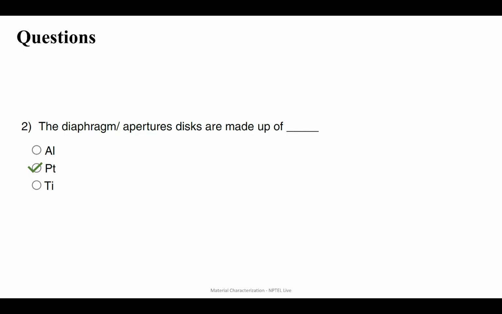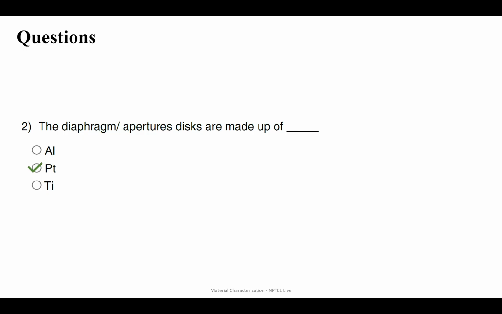So that would be platinum. The purpose of the aperture disc is to allow only a portion of the beam to pass through, which is going through the center hole, and block and absorb the other beams that are falling on the disc. So for that we need a high density material.